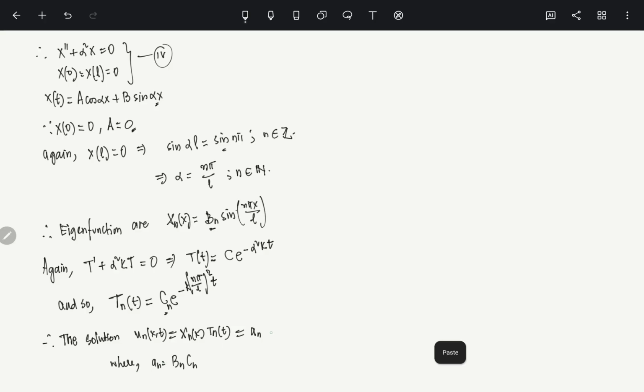And this looks like a_n times e to the power minus (n pi by l) squared k times t, and then sine of n pi x by l. This is the solution for n equals 1, 2, 3, and it goes on. I hope this is clear.